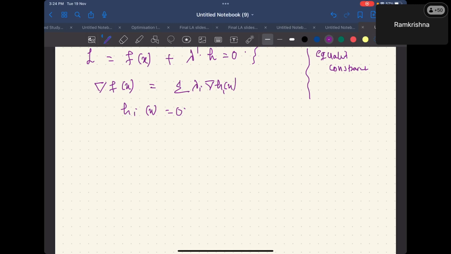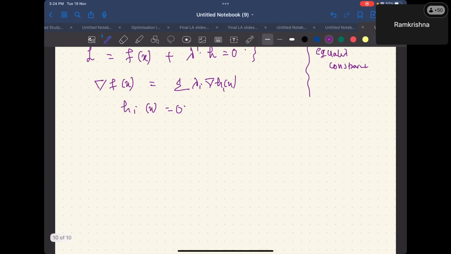Okay, now let me do a quick problem here and then motivate how we get the second order conditions, and where we may likely make a mistake. So let me say I have a problem of maximizing x1 x2 plus x2 x3 plus x1 x3 such that x1 plus x2 plus x3 equals 0.